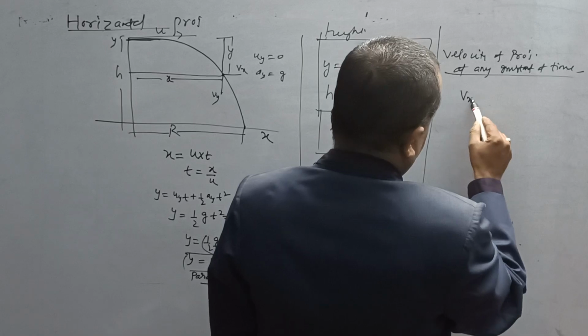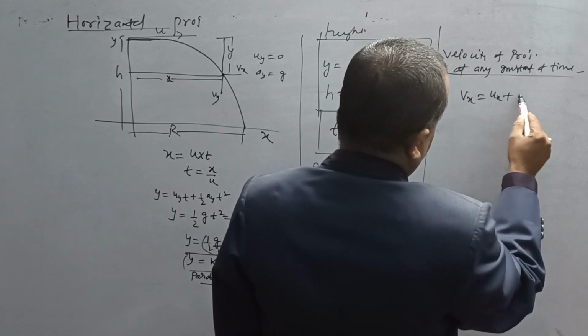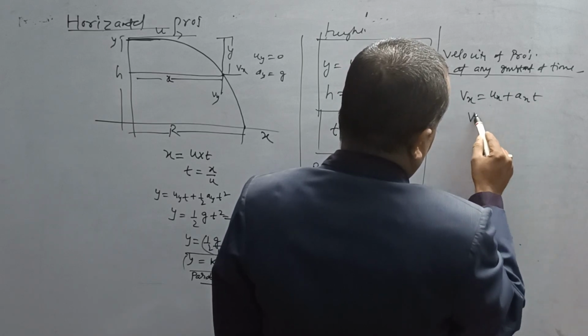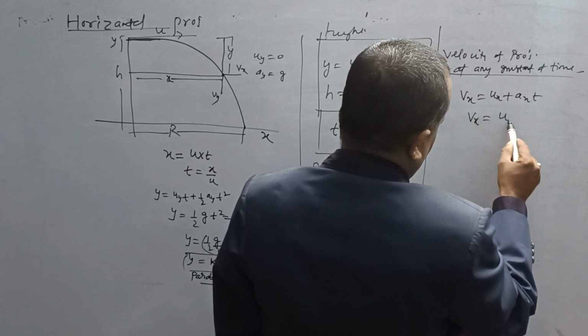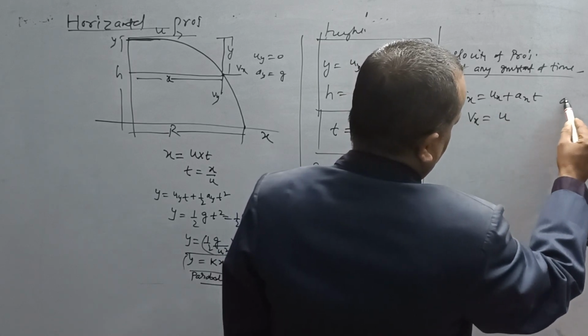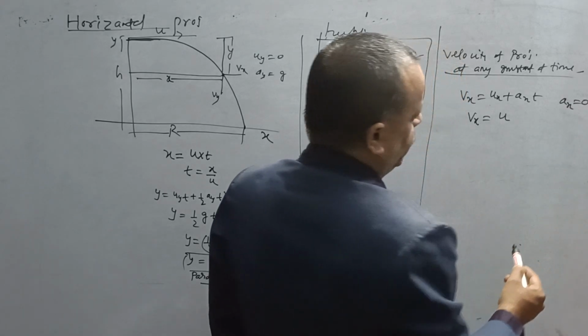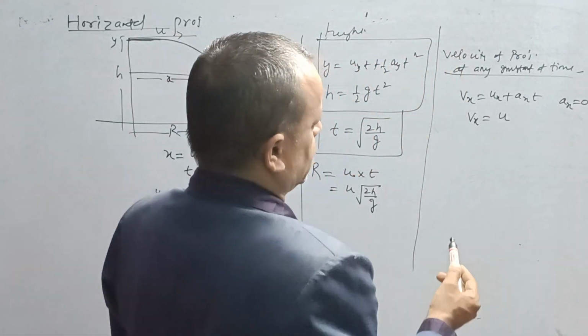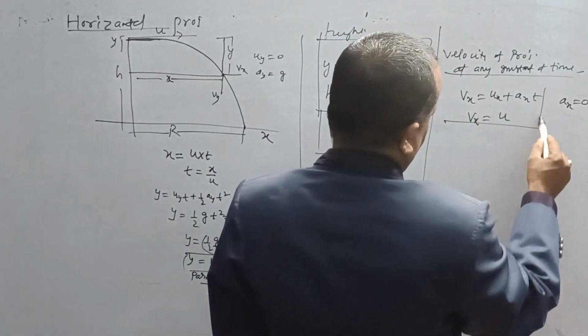Velocity along the x-axis, v_x, is u_x plus a_x into t. u_x is u, and we know that it has no engine or fuel, no acceleration along the x-axis, so v_x is u.